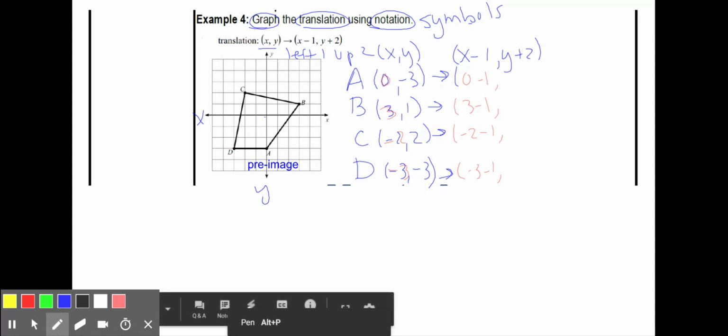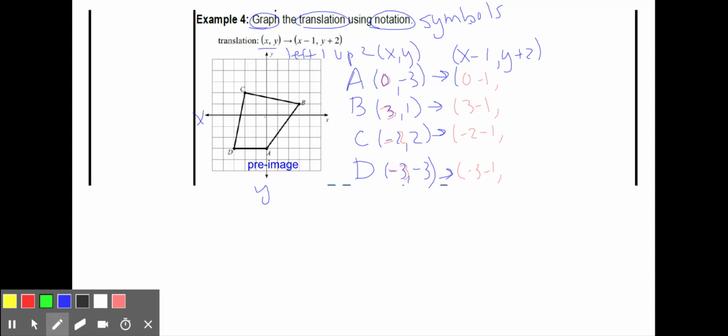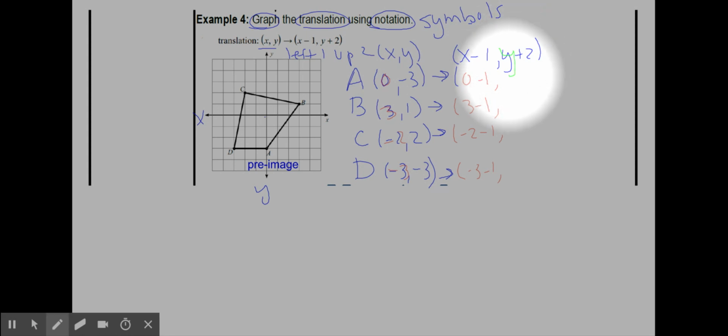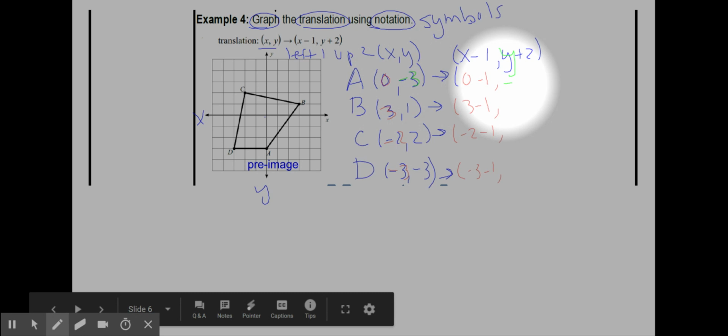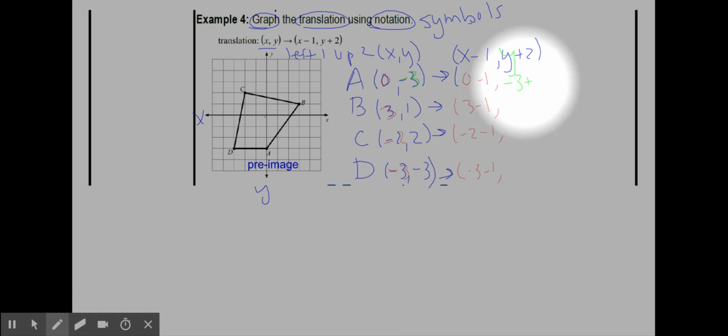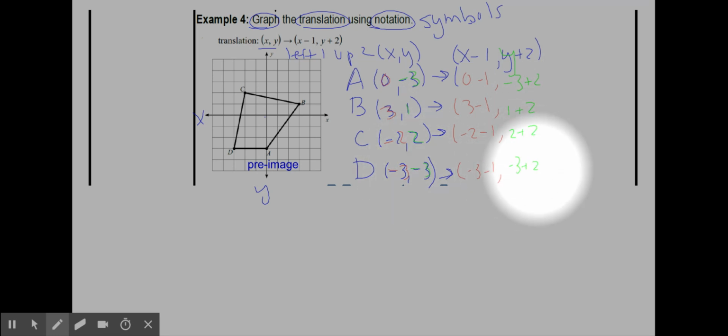Okay. And next, I'm going to take my y value. So in A, my y value is -3, and I'm going to add 2. I'm going to take 1, add 2, take 2, add 2, and -3, add 2.